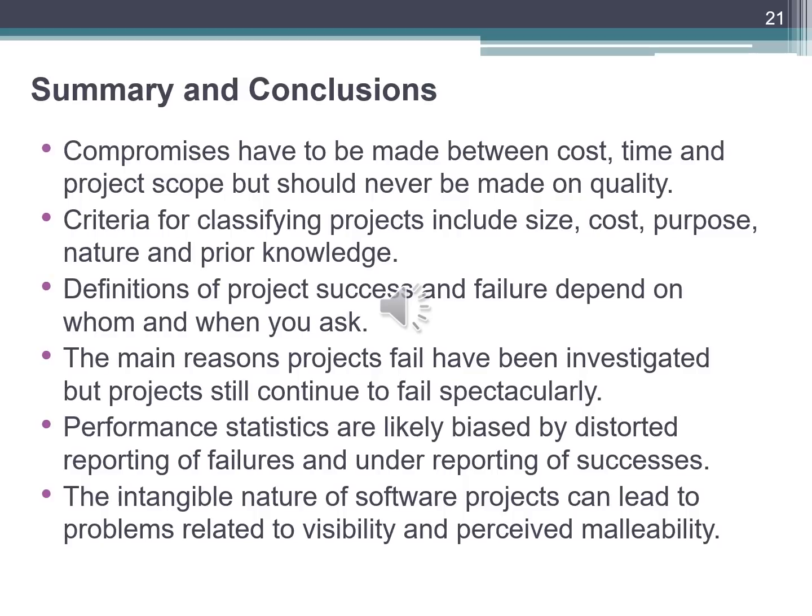The main reasons projects fail have been investigated, but projects still continue to fail spectacularly. Performance statistics are likely biased by distorted reporting of failures and underreporting of successes. The intangible nature of software projects can lead to problems related to visibility and perceived malleability. This is the end of this recording. Thanks for listening.